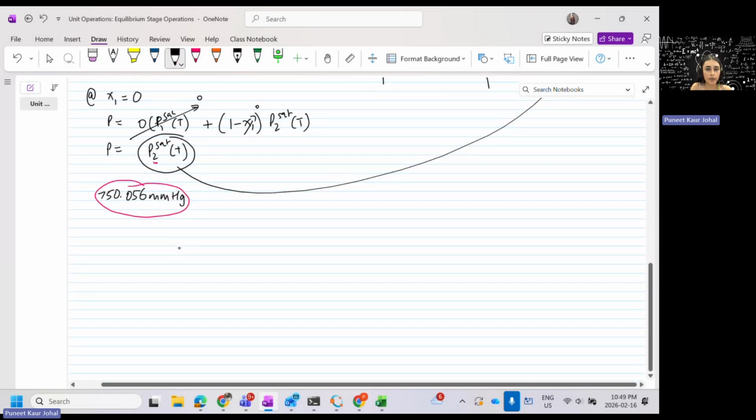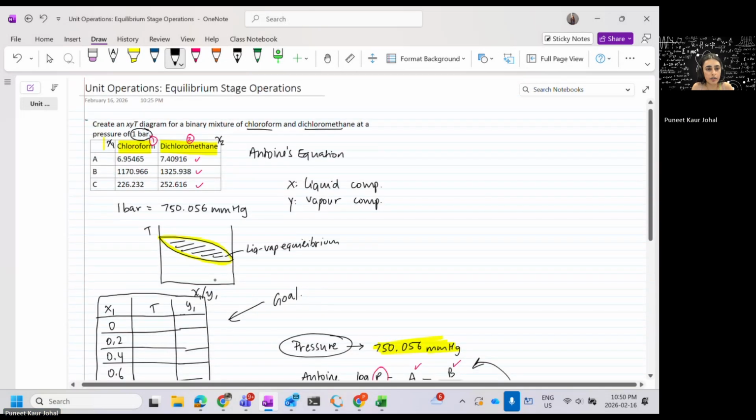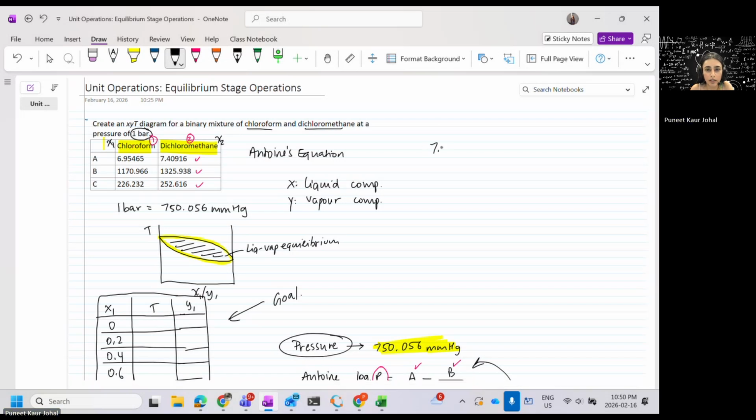So what I'm going to do here is plug in all the values. Sorry for the back and forth. Maybe I'll just write the equation over here: log base 10 of P equals the A value minus the B value over T plus the C value.